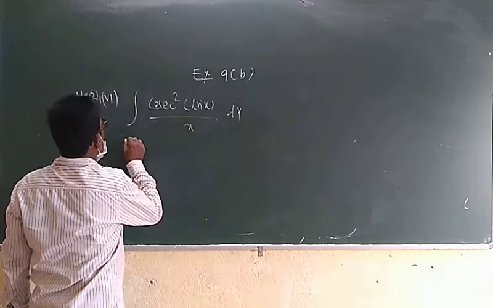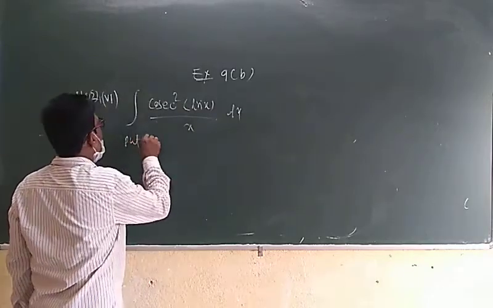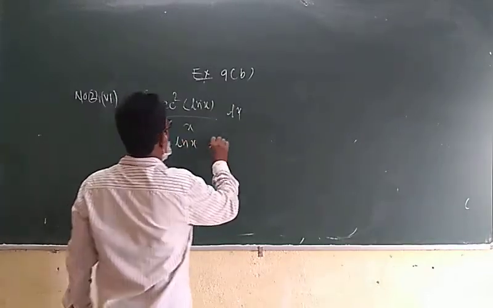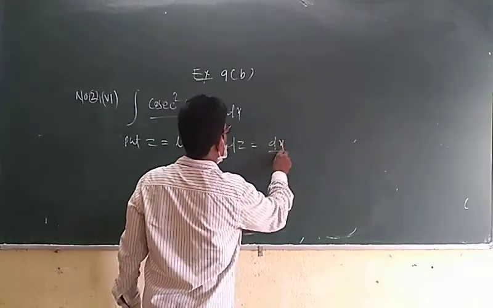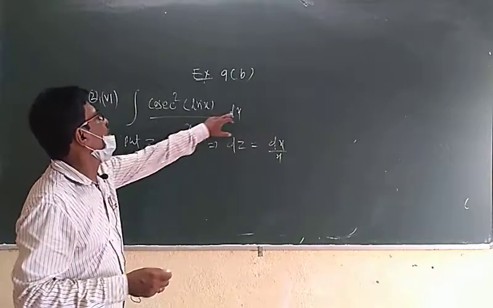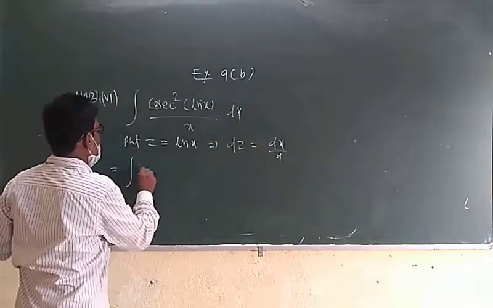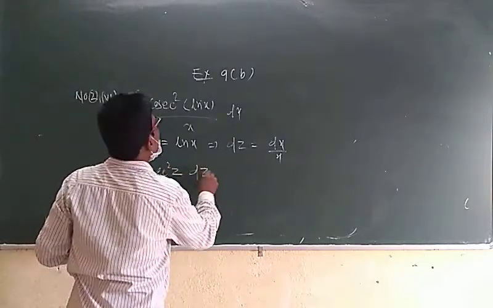Put z is equal to ln x. You know, the derivative of ln x is 1 by x dx, so dx by x is equal to dz, and the integral is cosec square z dz.